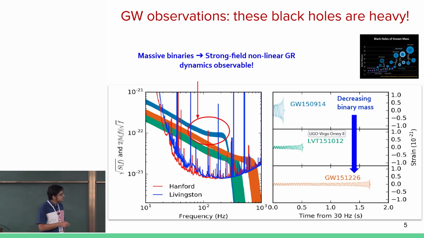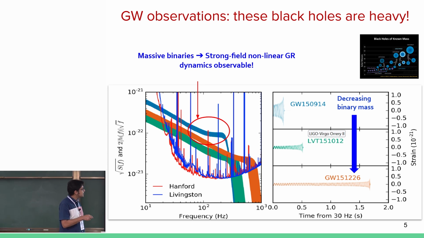So for the heaviest events, it is the very late part of the inspiral as well as the merger and ringdown process that happens after that is very brightly visible in our ground-based detectors. And this is where exactly numerical relativity will play a part.